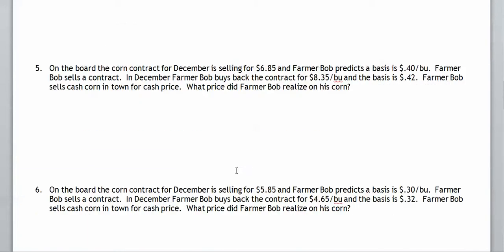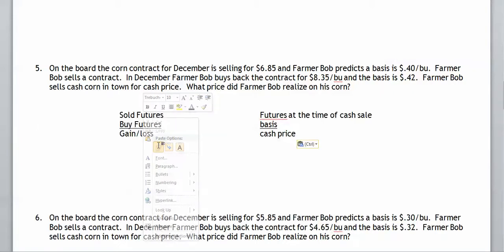Now, let's look at problem number 5. We're not going to do so well in the futures. We're going to lose money in the futures, I think, in this problem. But let's see what happens. On the board, the contract for December corn is selling for $6.85, and Farmer Bob predicts a basis of 42 cents. Farmer Bob sells the contract.